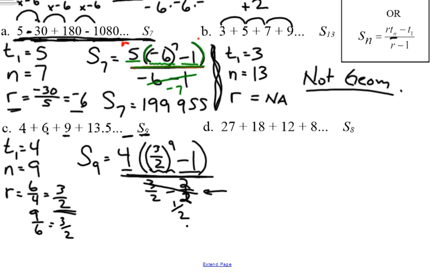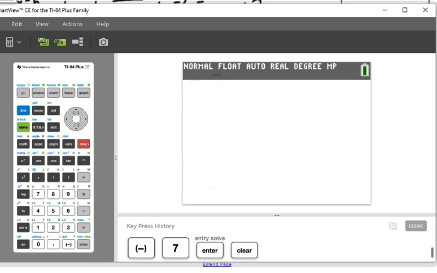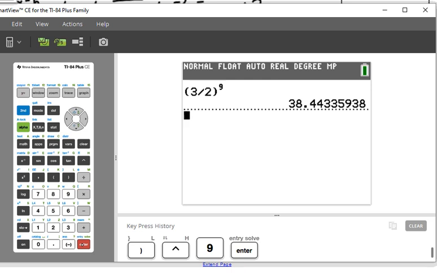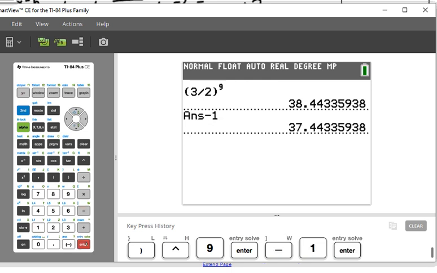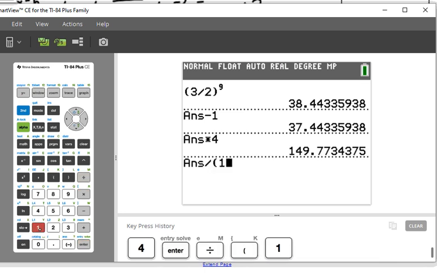Punching that into the calculator carefully, but I don't want to do it all at once. Make sure you can use your calculator effectively. Bracket, 3 divided by 2. There's my 3 halves, and I want that to exponent 9. There's my value. From there, I subtract 1. There we go. Then I'm going to multiply that by 4. There we go. And I'm going to divide that by 1/2.